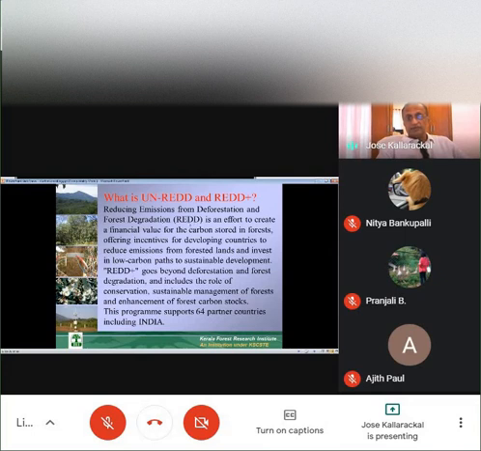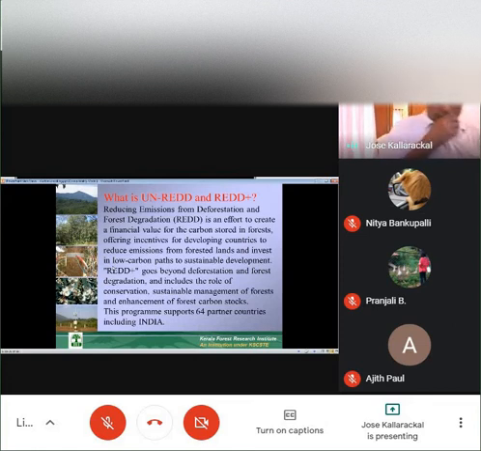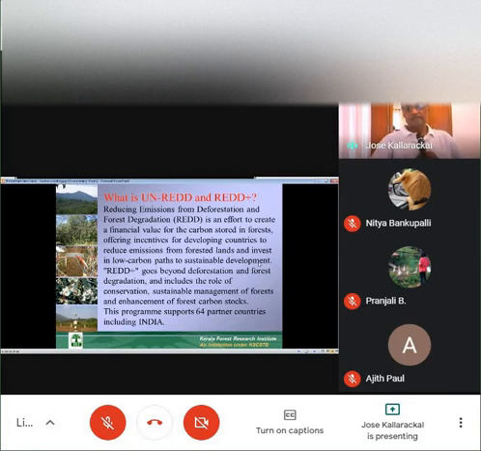Reducing emissions from deforestation and forest degradation is an effort to create a financial value for the carbon stored in forests, offering incentives for developing countries to reduce emissions from forest lands and invest in low carbon paths to sustainable development.